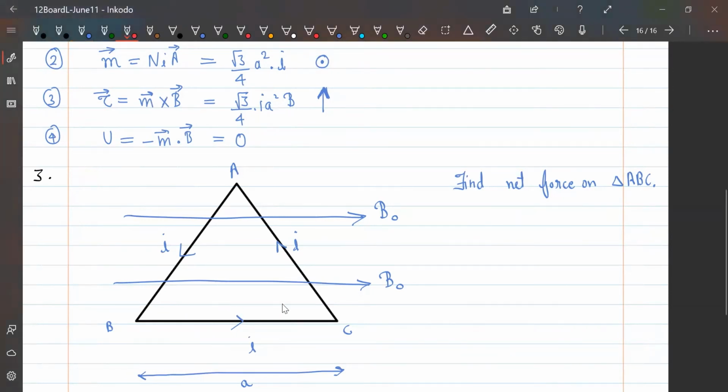So force on BC, can you tell me, Apurav? Formula is simple. For a straight wire we can use L cross B. So L cross B is with the angle between L vector and B vector. So what is the angle between length and magnetic field for BC?